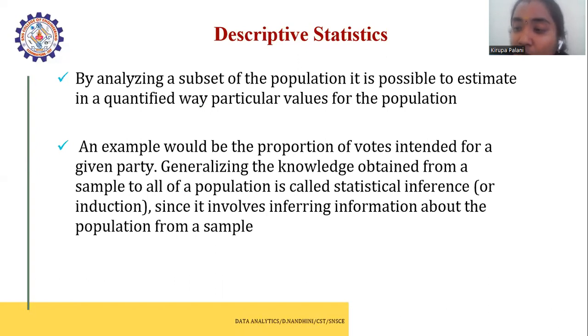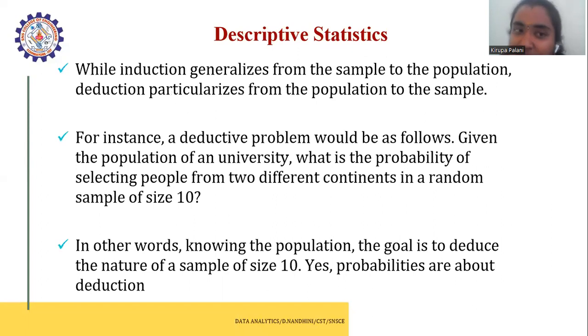For example, if we are going to take an analysis for a country, it would take many days, so we take it in a statistical manner, which is easier. Since it involves inferring information about the population, a sample of data can be taken. Generalizing from the sample to the population is a reduction.